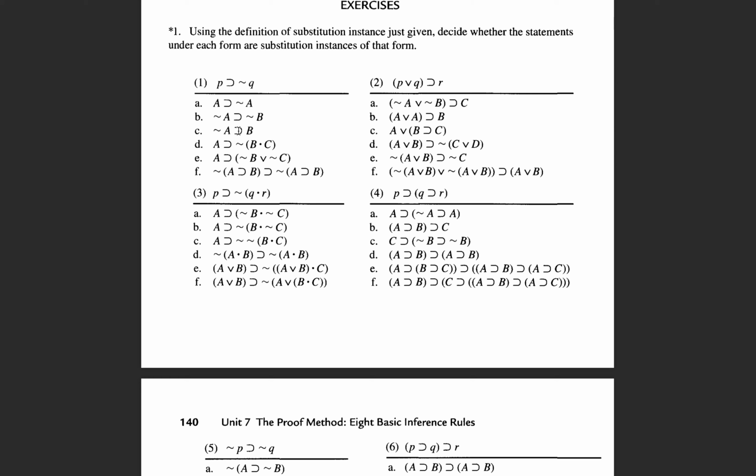Why? Because while it is a conditional, so far so good, the consequent is not a negation, right? Similarly, also I can rule out 1E, right? 1E is not, the consequent is not a negation. Forgive the screaming children. The consequent is not a negation, right? So it can't be of this form.